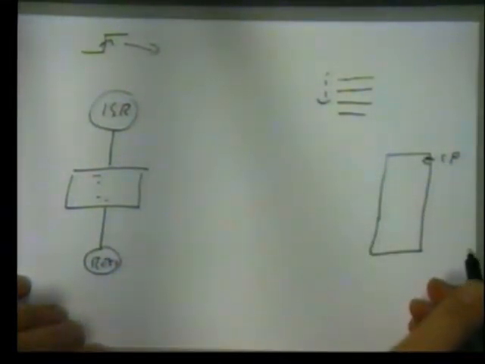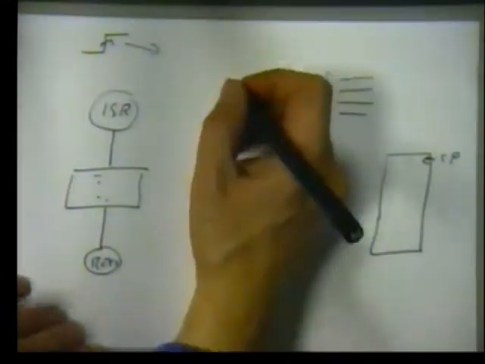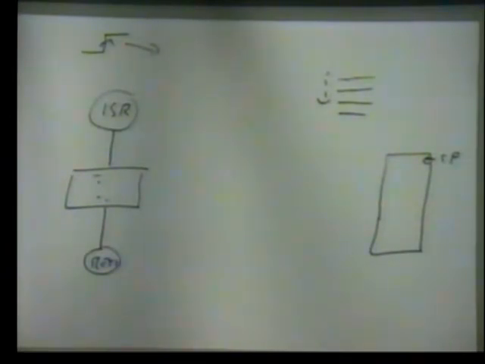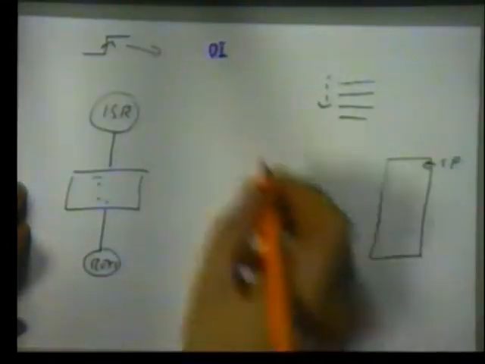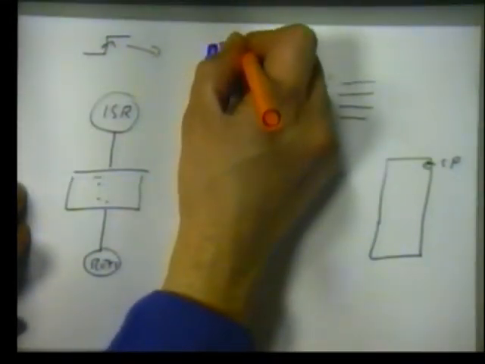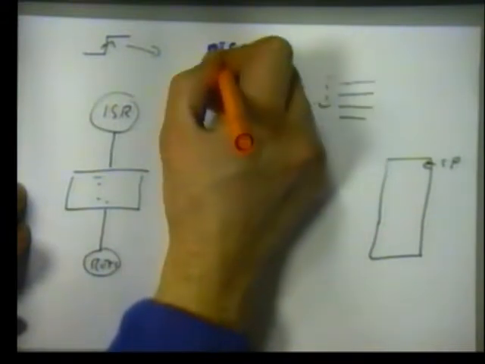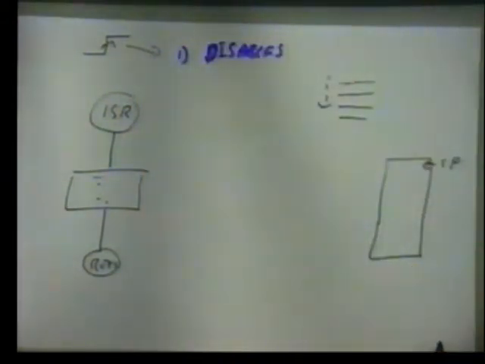When the interrupt occurs, the first thing it does, we'll list all these processes, it automatically disables all other interrupts. We don't want other interrupts to interrupt our interrupt, or we're going to get in a real pickle. So we have to automatically stop all other interrupts occurring. We've got to get our current interrupt out of the way before we allow others to happen. So this happens automatically. Interrupts are disabled.